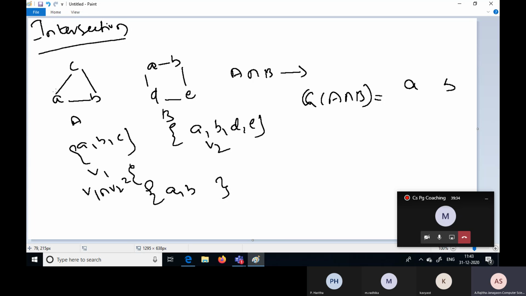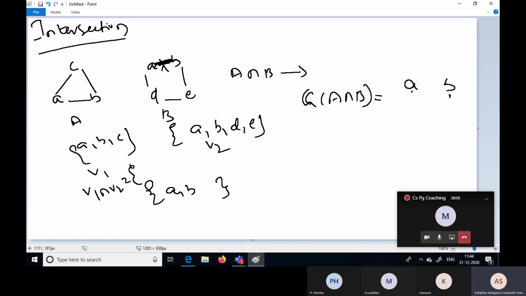And next you can observe any edge between these two. Here A to B edge is there, and here A to B edge is there. Suppose here there is no edge like this. Then in the graph only vertices are there, there is no path. So this is called a trivial graph. There is no path, but the graph is there, there is no edge. Suppose here the edge is like this.